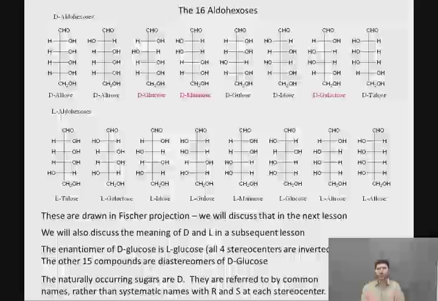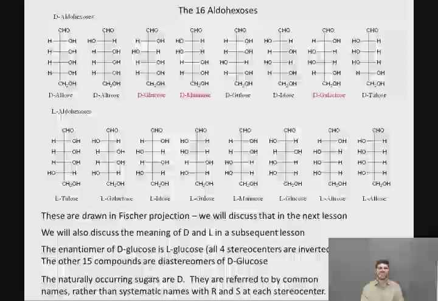And the way we refer to their relative stereochemistry is actually using common names. So the other 7 D sugars have different names, and the only way they differ from glucose is the relative positions of whether the OHs are on the right-hand side or the left-hand side.